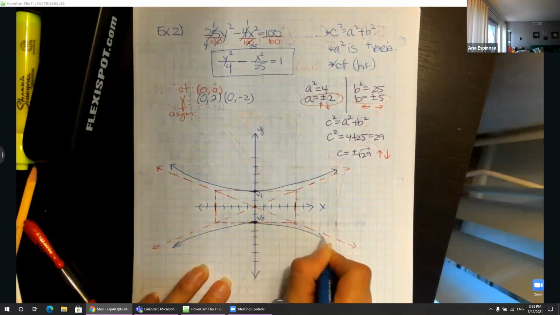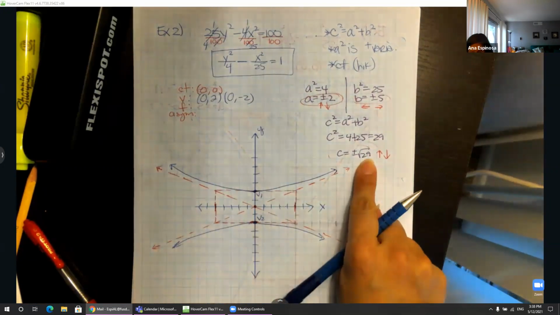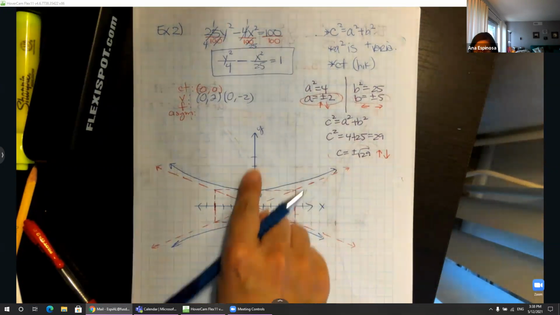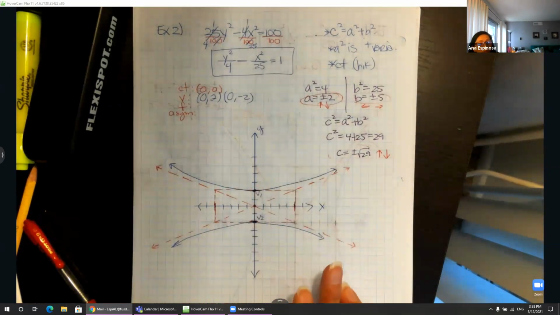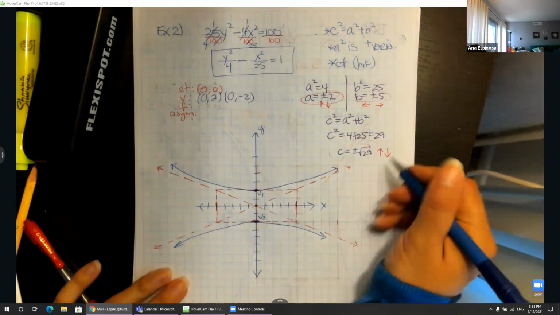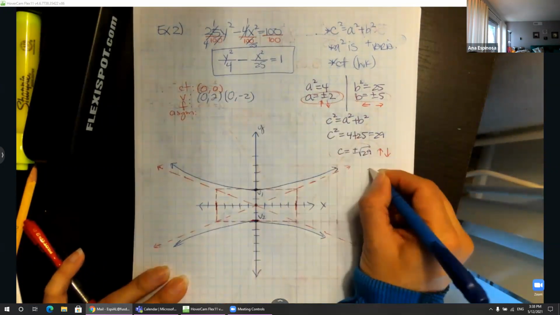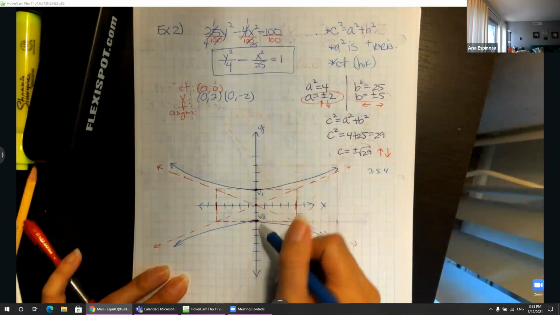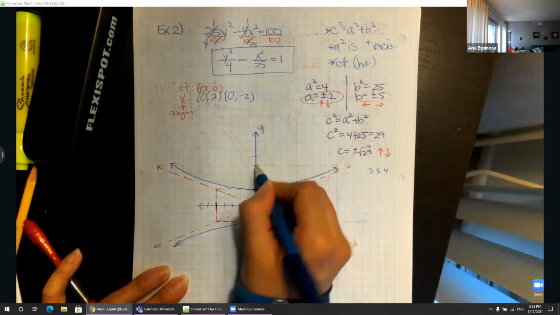You're just going to make this super wide, like that. Okay. The focus points are going to be inside these parabolas. So that's why you always want to draw them first. And then you're going to take 29 and take the square root of it. That's a little bit over 5. So it's about 5.4. So it's going to be 1, 2, 3, 4, 5, and something.